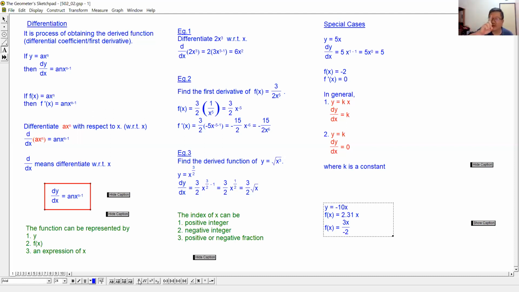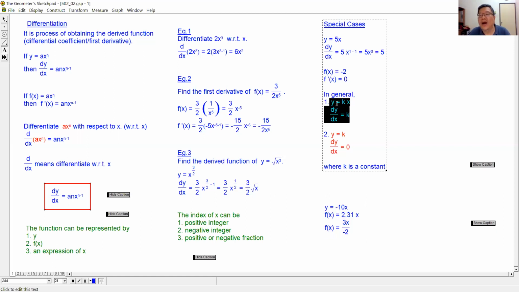The x is power of 1 only. So when you differentiate x with respect to x, what do you get? Negative 3 over 2. Correct. So you know this special case. I will mention to you, y equals kx, dy dx is k. You're always left with the number only.